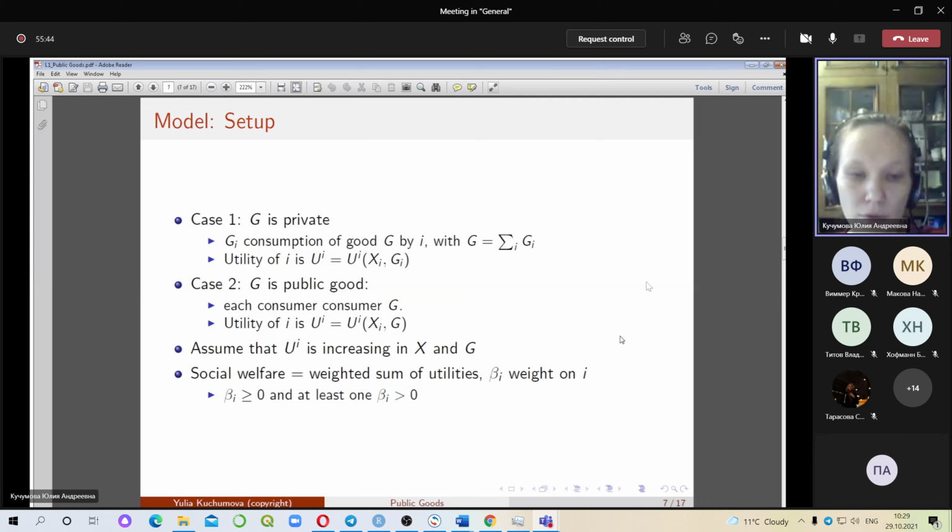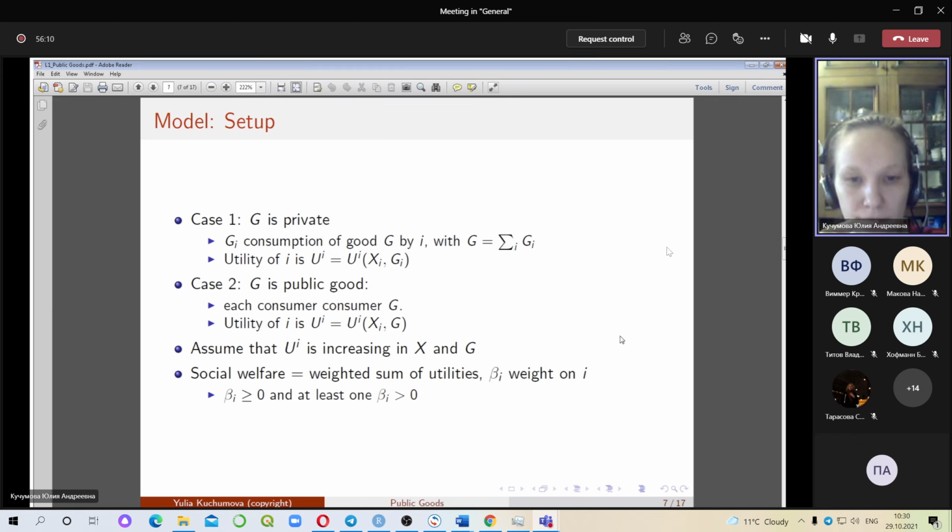One more time, i is the index of a consumer, representing individual i. So we have n individuals: i equal to 1 is individual 1, i equal to 2 is individual 2, i equal to n is individual n.